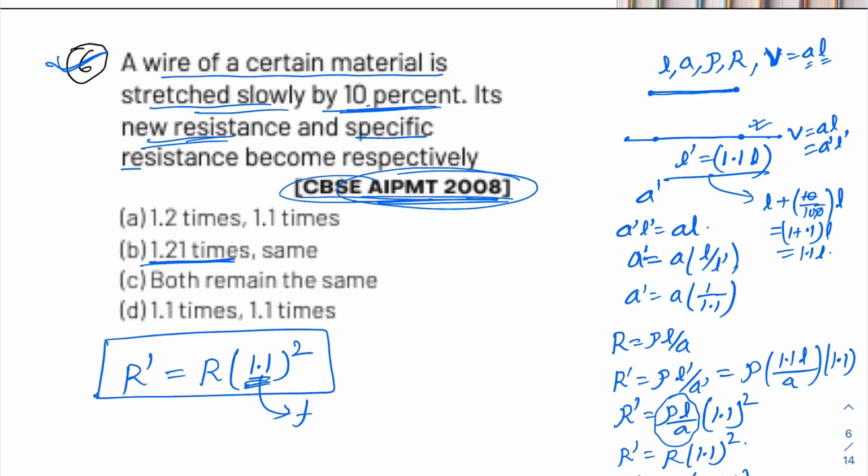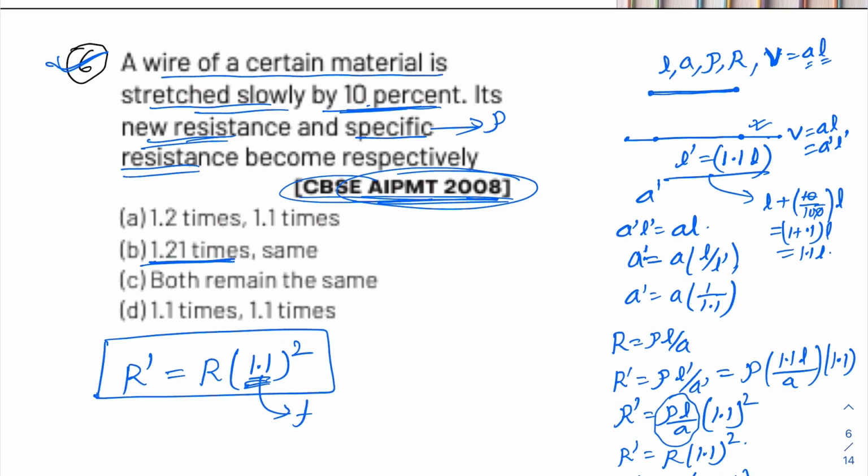Now, what is the specific resistance? That is resistivity or rho. So what is the resistivity? It will be the same because it is a property of the material. If we change the material, for example copper to aluminum, then its resistivity will obviously change.